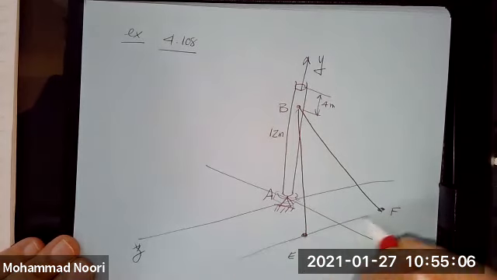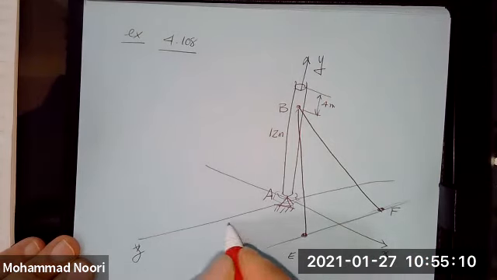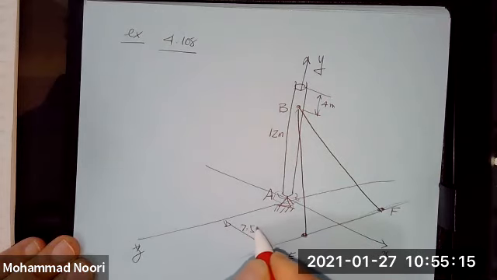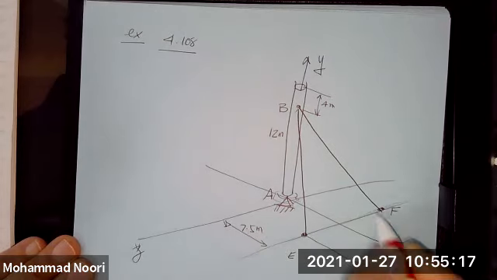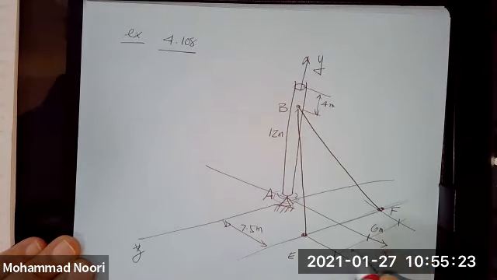It happens that these are along the same line, parallel to the z-axis, and the distance from the z-axis is given as 7.5 meters, and the distance of each from the x-axis is the same, and it is 6 meters.